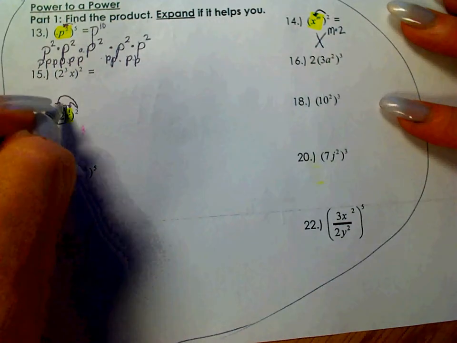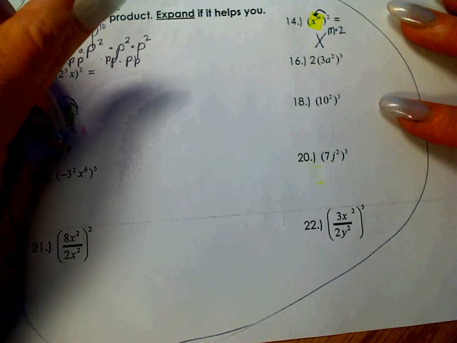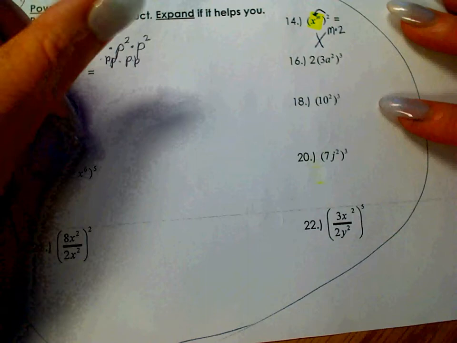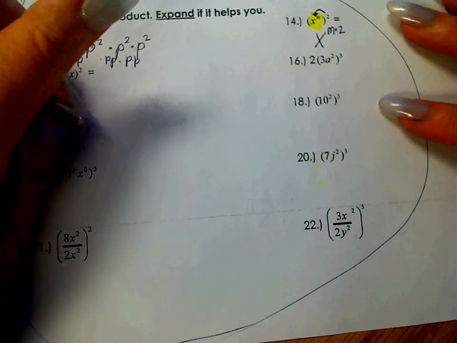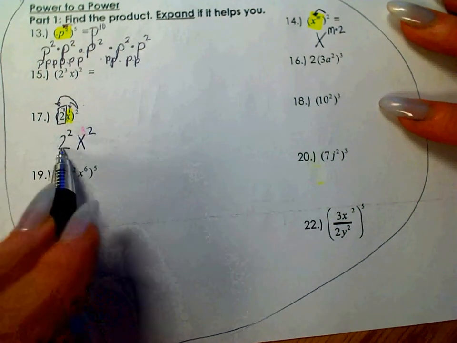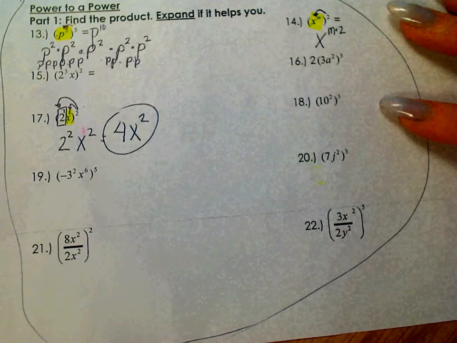Alright, so 2 to the first power raised to the second power, multiply the exponents. 1 times 2 is 2. X to the first power raised to the second power is also 2. So we still need to simplify this. 2 to the second power is 4. So it's 4 x to the second power.